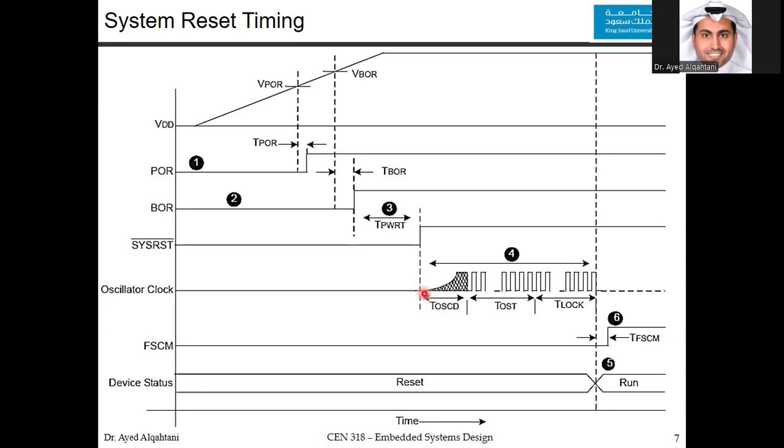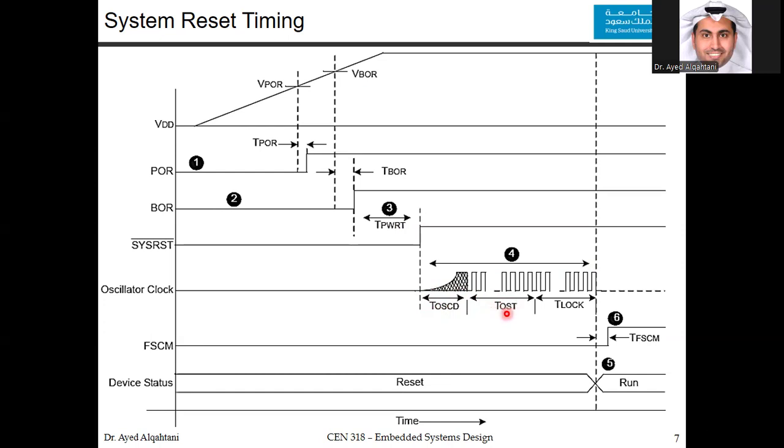It's a mandatory time that you need to wait for, which is the T oscillator delay. You need to wait for it. After that, the oscillator starts shaping, and there is another delay that's called TOST, or the oscillator start-up timer.